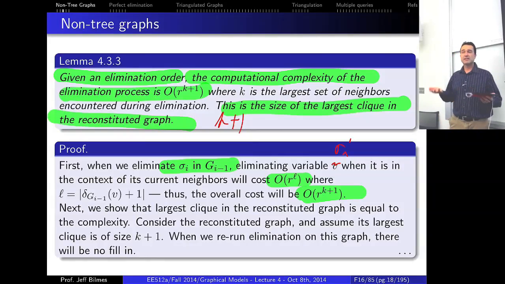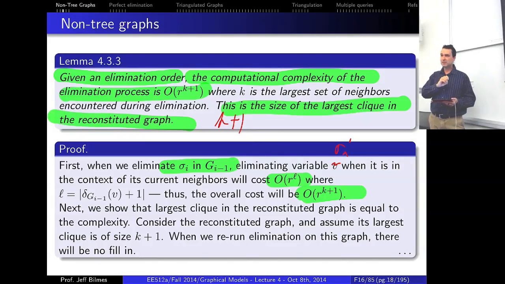Because the neighbors in the new graph are the same as in the original graph, we've added the fill-in so that the neighbors become a clique. In the reconstituted graph, the neighbors are a clique, and so there's no fill-in when we run elimination again. So there's no fill-in.